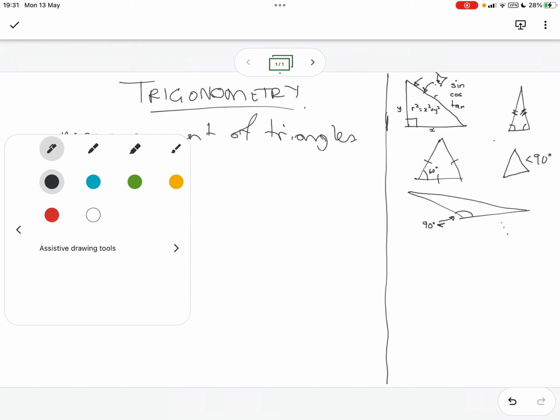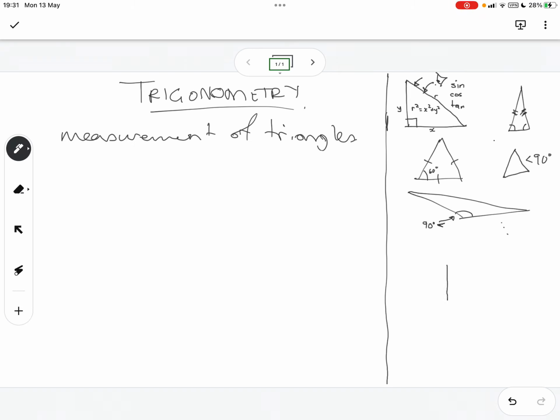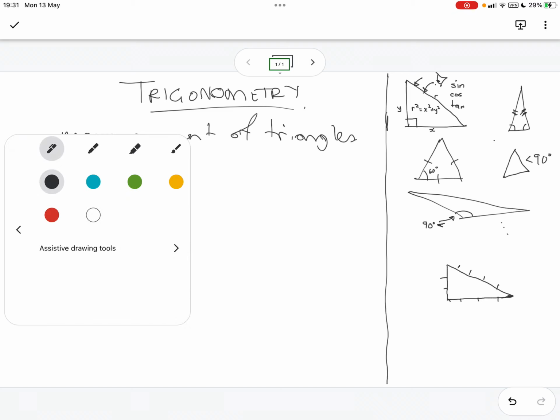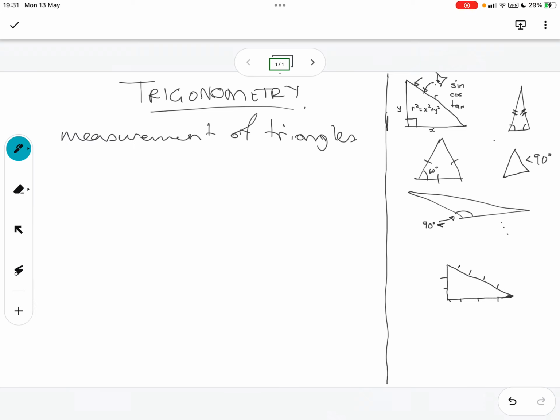A simple illustration of this is if you have a right-angled triangle, let's say this side is 3 units long, this one 4 units, and this long side is 5 units long. So just to illustrate the concept of the square of the hypotenuse equals the sum of the other two sides squared.